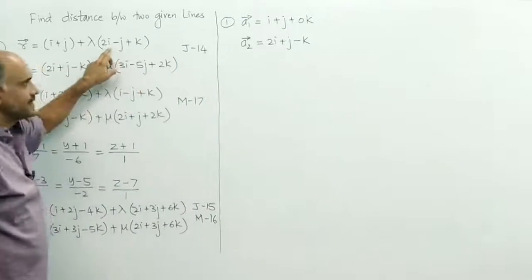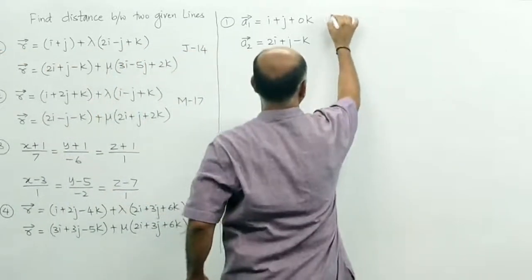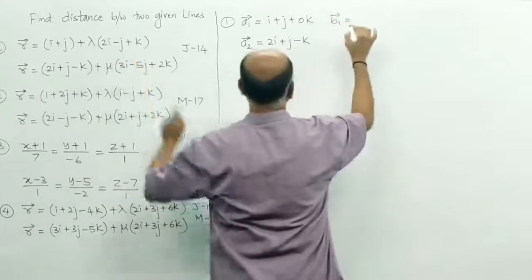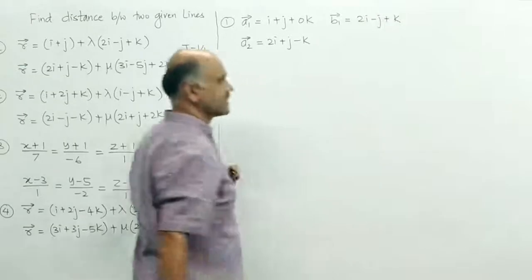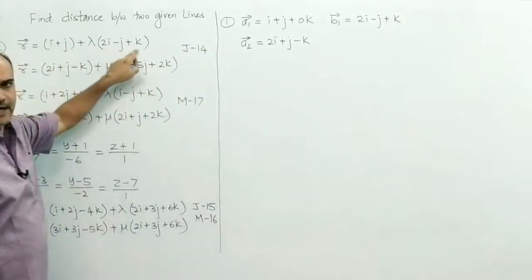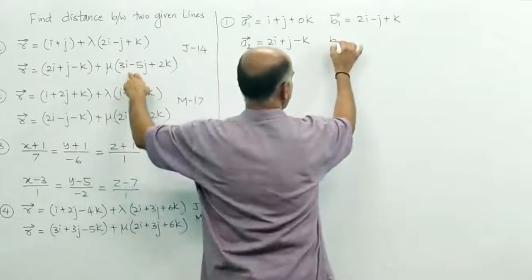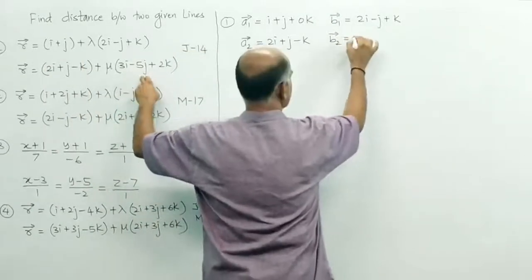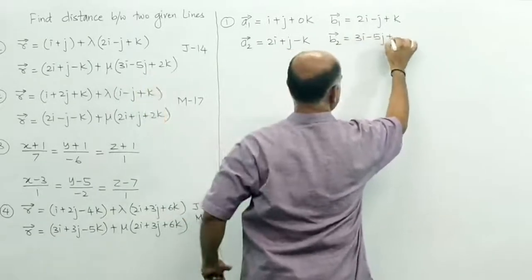Now I will take b1 and b2. b1 is equal to 2I minus j plus k. b2 is equal to 3I minus 5j plus 2k.